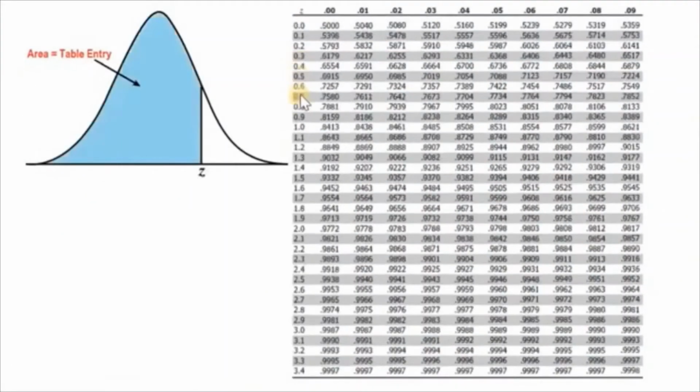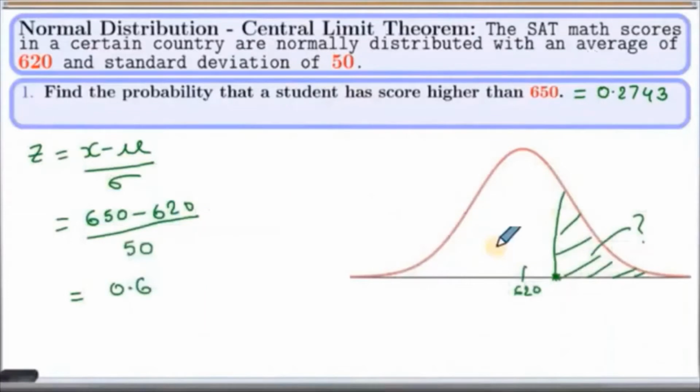We'll be looking at the 0.6 row and the 0.00 column. So the area here is 0.7257. Remember, that's the area to the left.